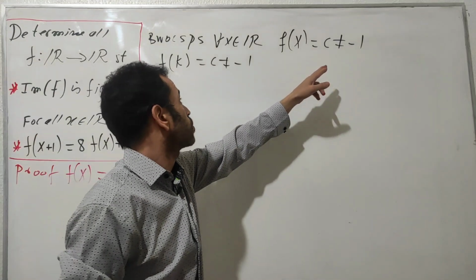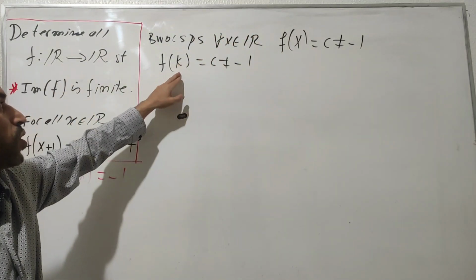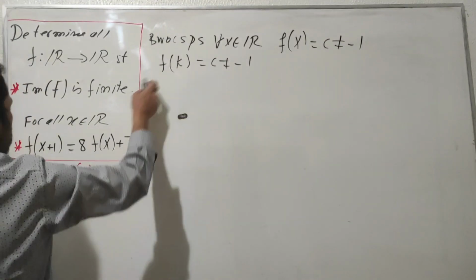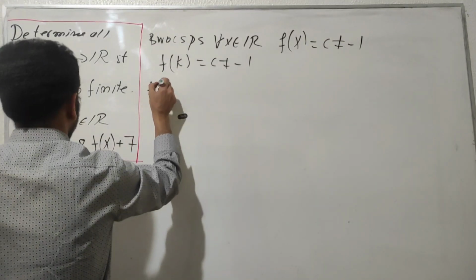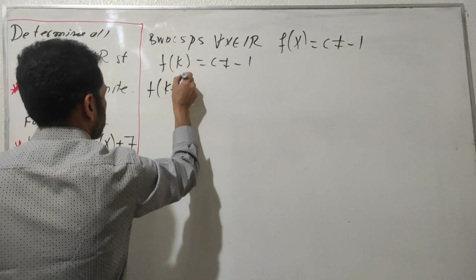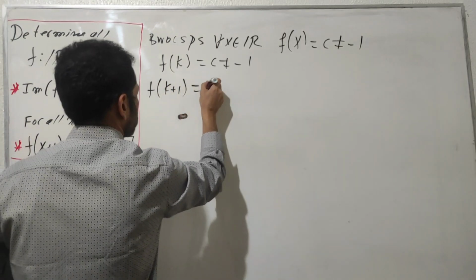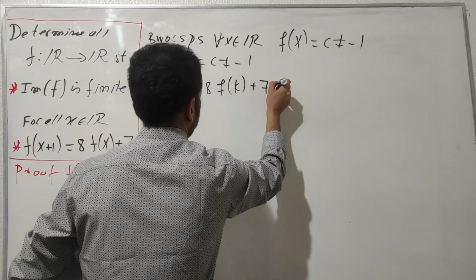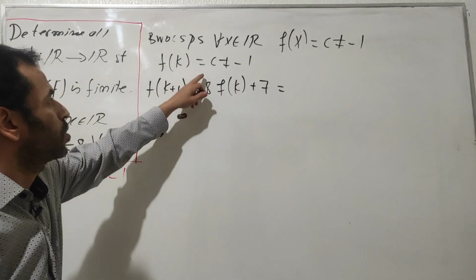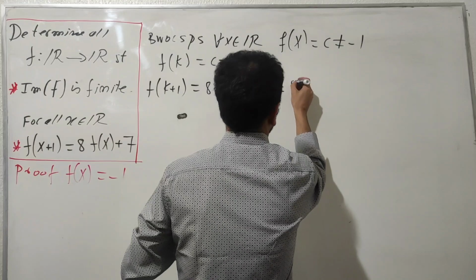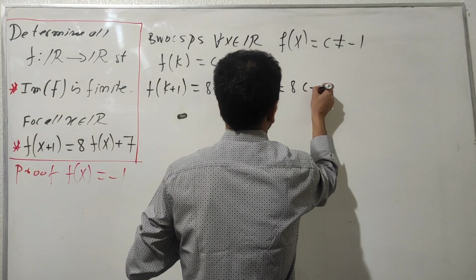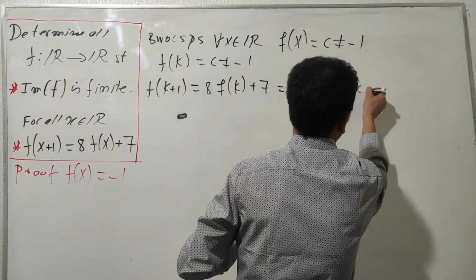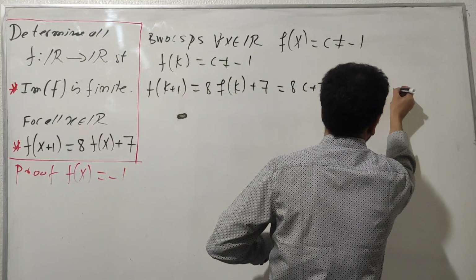Since f of x equals c is true for this special value, I replace k into the equation, so I get f of k plus 1 equals 8 multiplied by f of k plus 7. I replace f of k with the number c, so I get 8c plus 7, which equals 8c plus 7, as we saw up here.